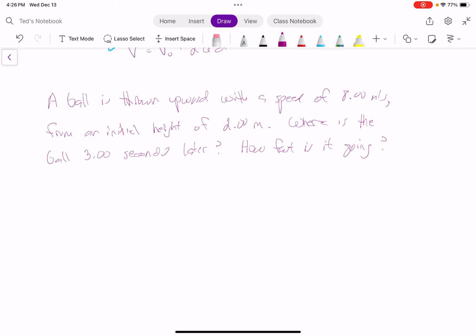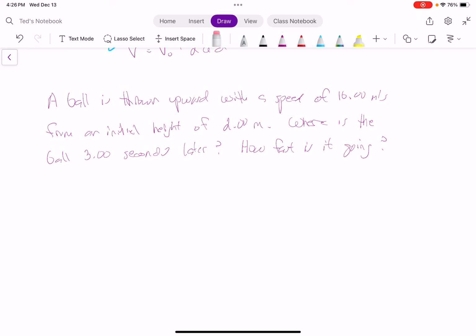And instead of 3 seconds later, let's see. I'm going to change this problem a little bit and give this an initial velocity of 16 meters per second.